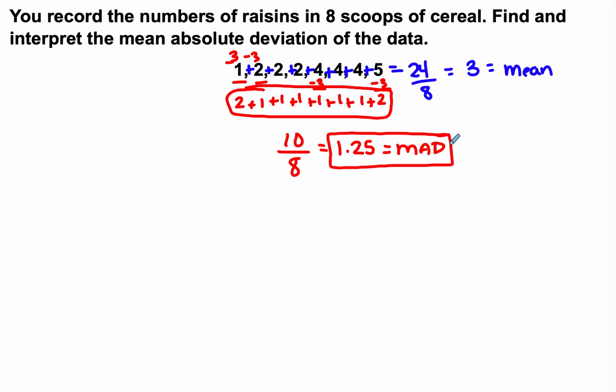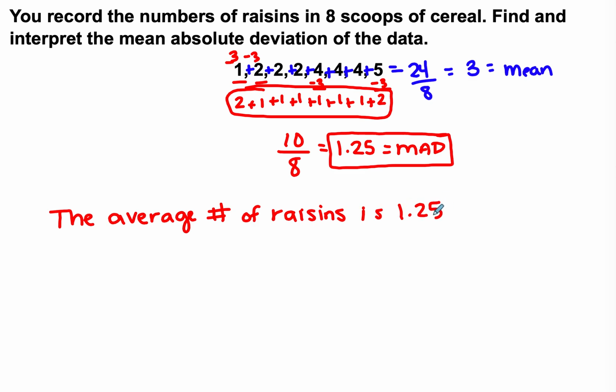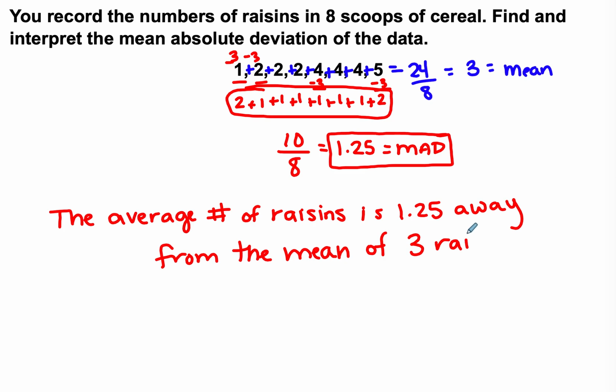All right, so that's what the MAD is. Now we're going to interpret, which means explain. So I'm going to write: the average number of raisins is 1.25 away from the mean, 3 raisins.